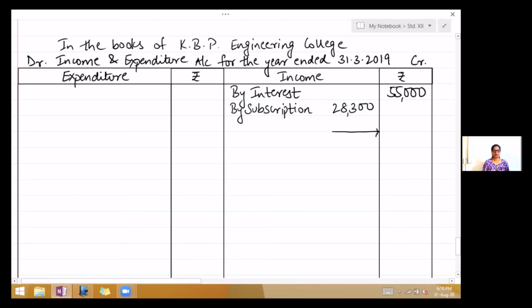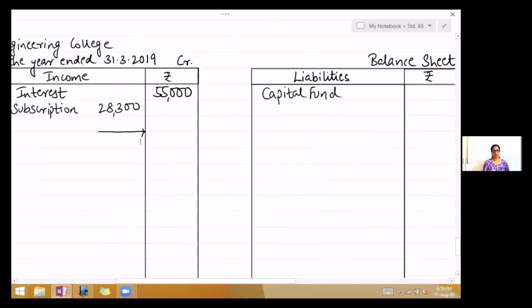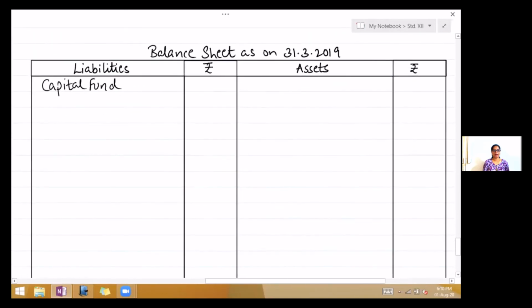Life membership fees. See the last adjustment given, it says it has to be capitalized. So straight away we do the adjustment. You will add it to capital fund in the balance sheet. So add life membership fees. In the inner column, write 25,000.